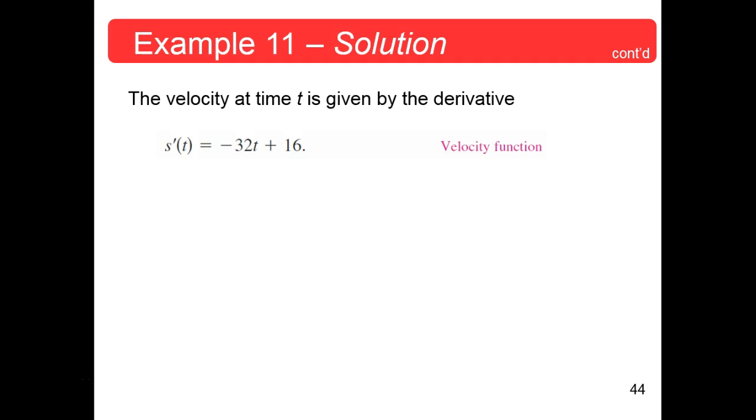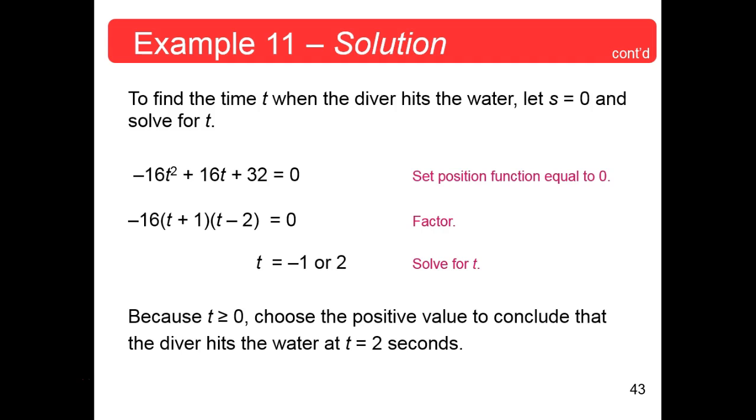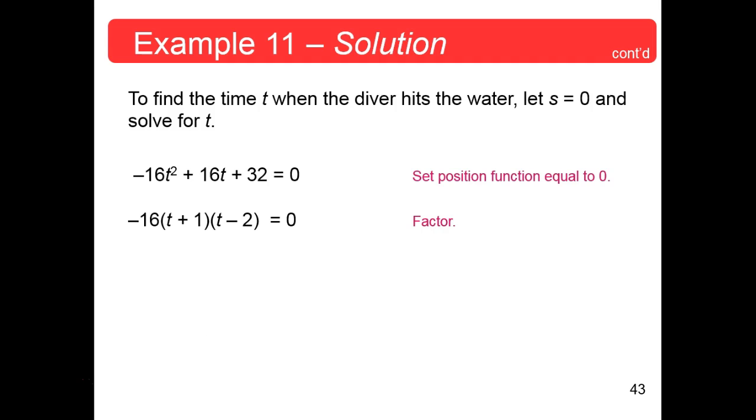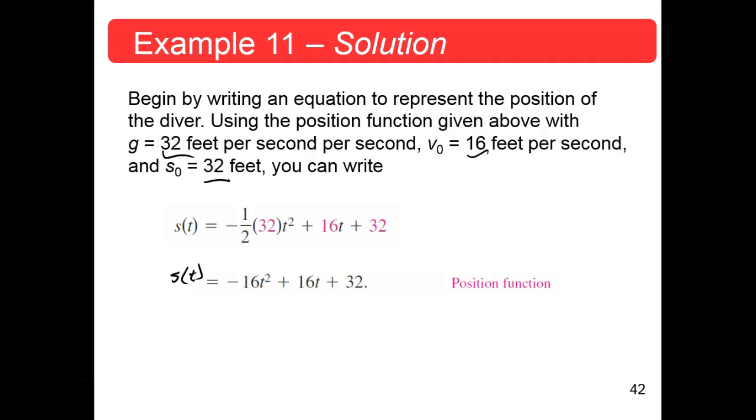Now the velocity: you take the derivative of that displacement function s of t to give you s prime of t, which is negative 32t plus 16.